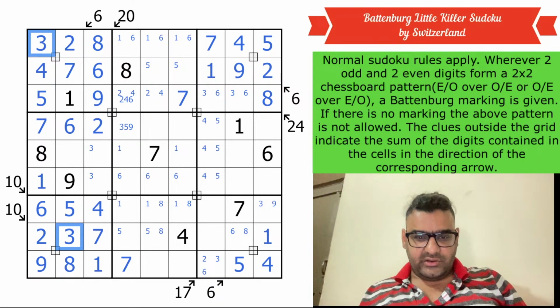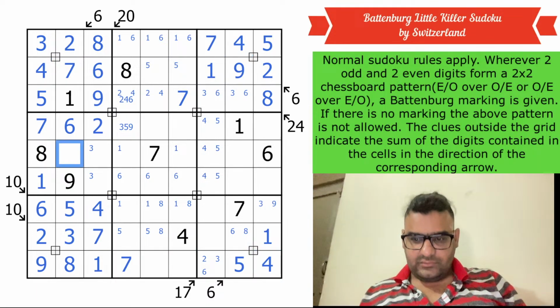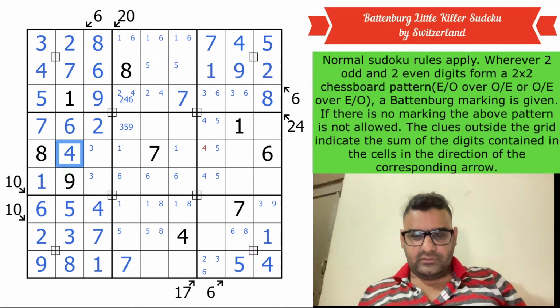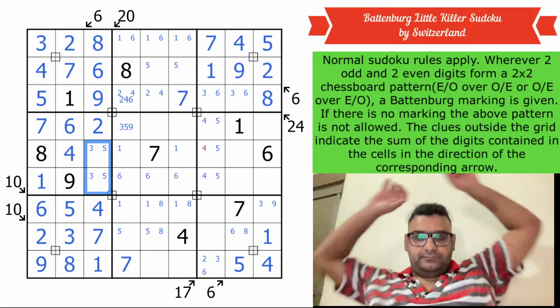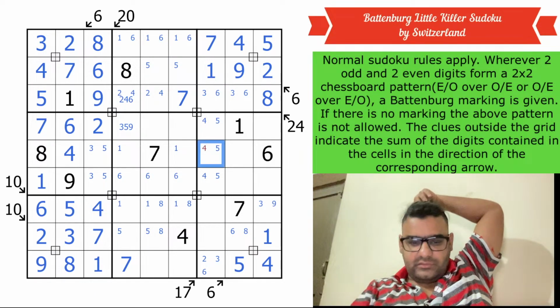What about three? Three can be here. Four is here, four is here, four is here, four is here, four is here. Okay, one, two, three, four. Now the only thing left is three and five. Okay, four cannot be here.